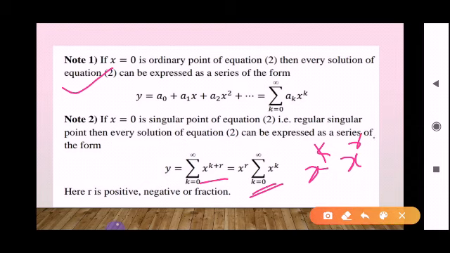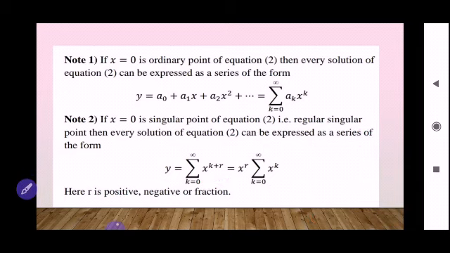and therefore we can take this x raised to r outside the series, so x raised to r into summation of x raised to k. Here r is positive, negative or fraction, meaning r can have any value.